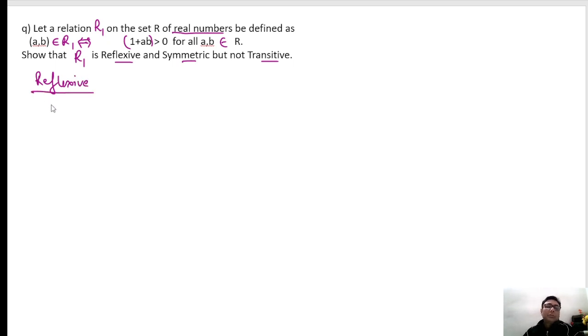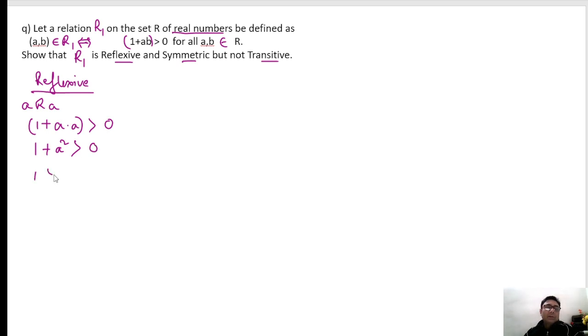Okay. So in reflexive we know that it is A R A. So now let us apply. So 1 plus A into A. Is it greater than 0? So 1 plus A square is greater than 0. Definitely.